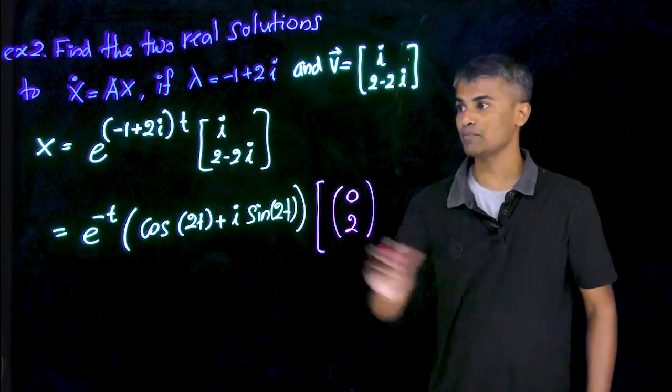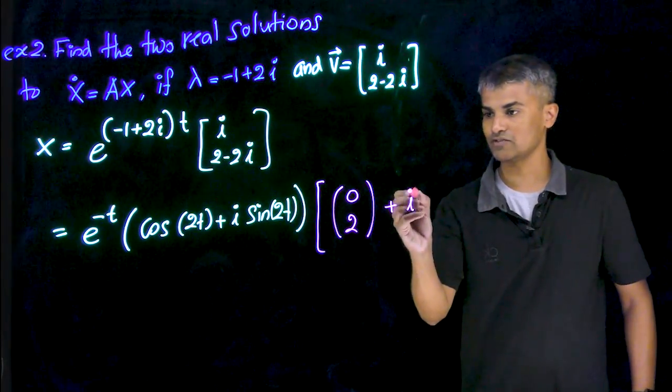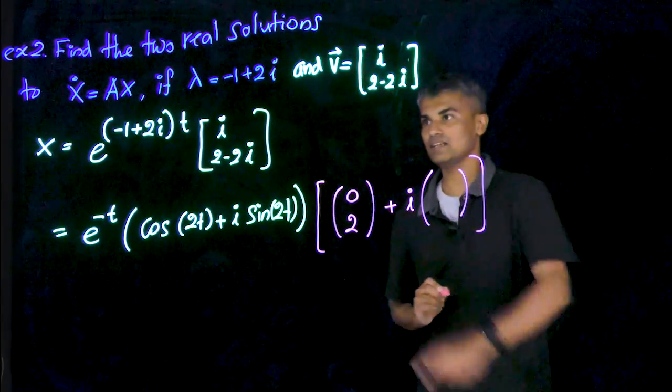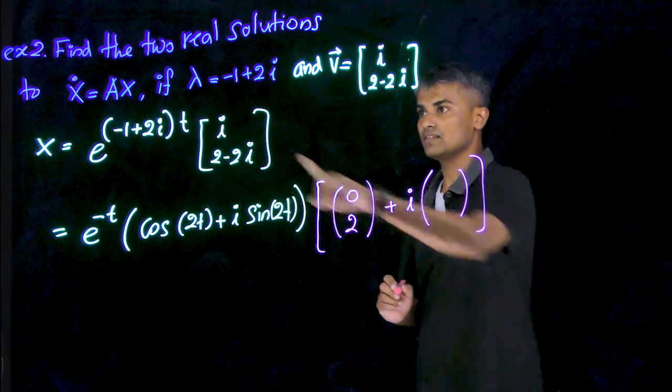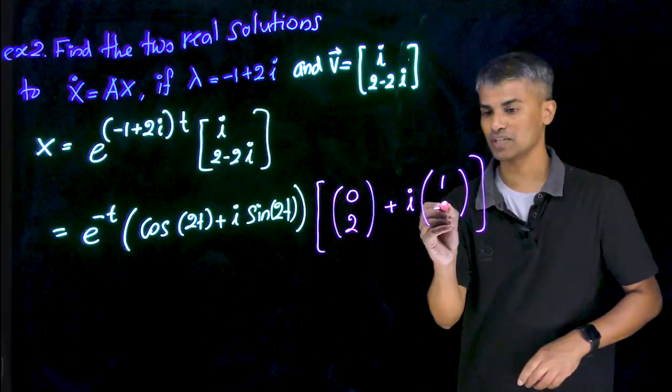Okay, so that is the real part of this eigenvector, plus now let us figure out the imaginary part. The imaginary part would be, okay, we have already factored out i, so this component should be 1 and the second component should be -2.